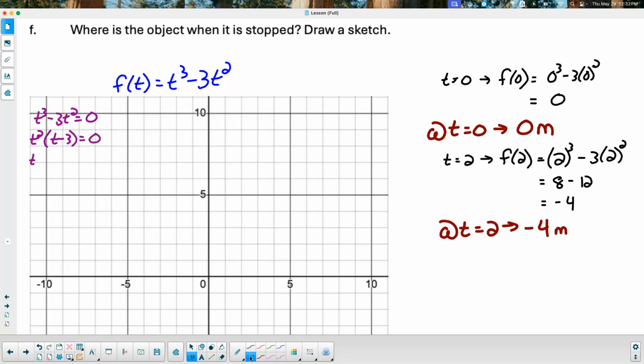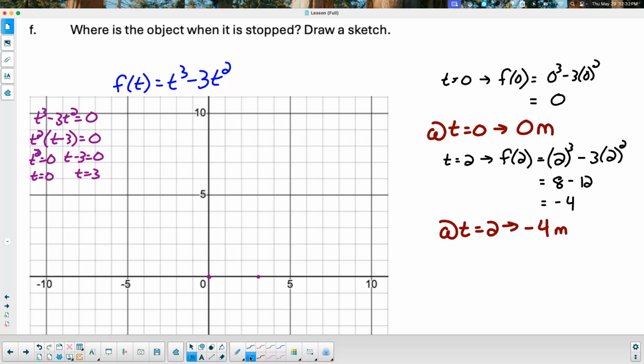So then I would have t squared equals 0, t minus 3 equals 0. So I'd have t equals 0, and then I have t equals 3. So I'd have zeros at 0 and 3. Agree with me on that?